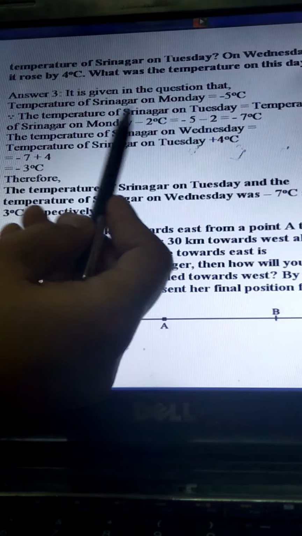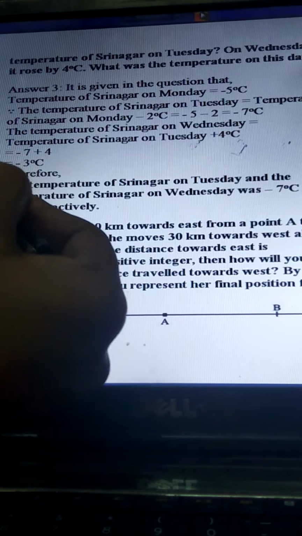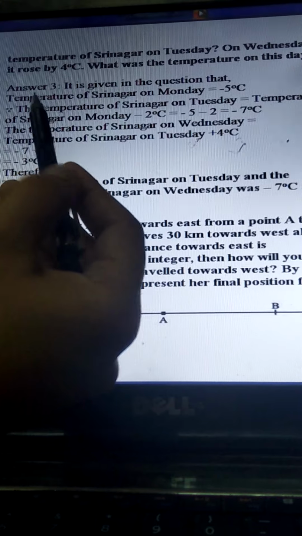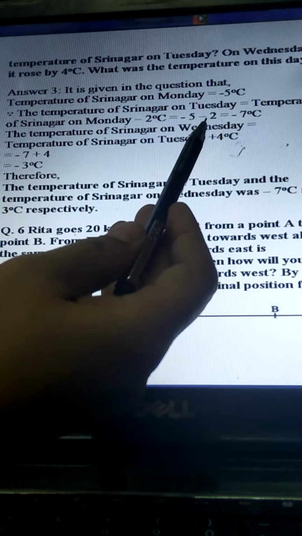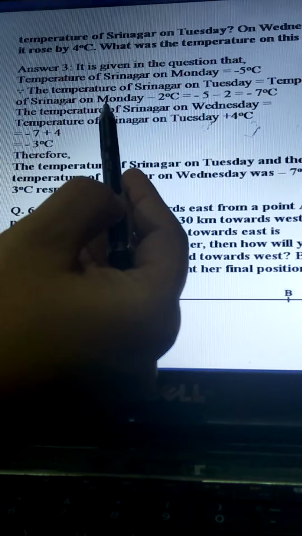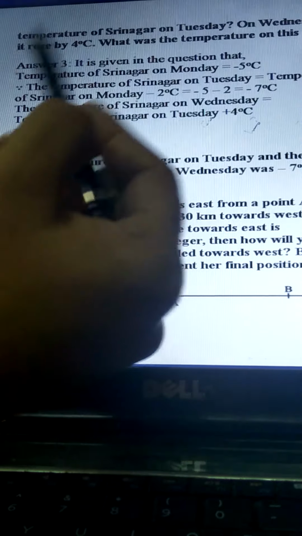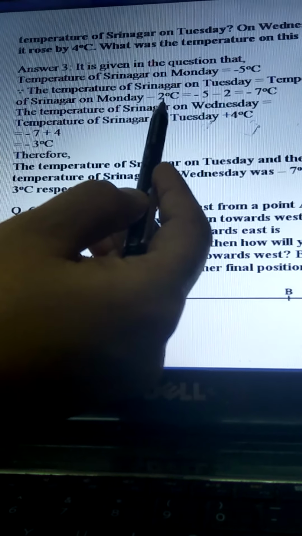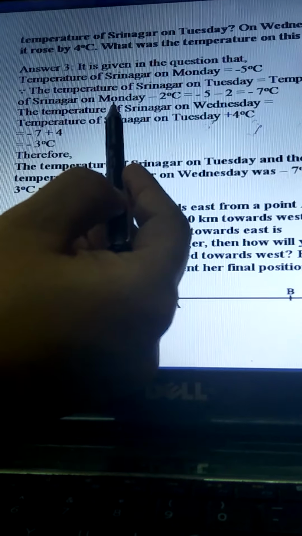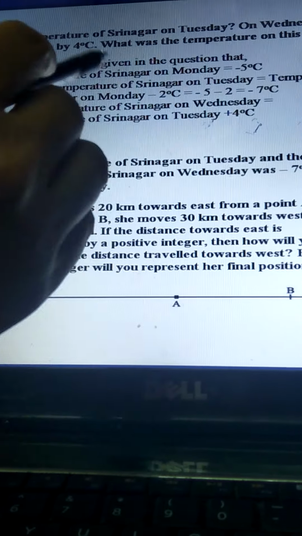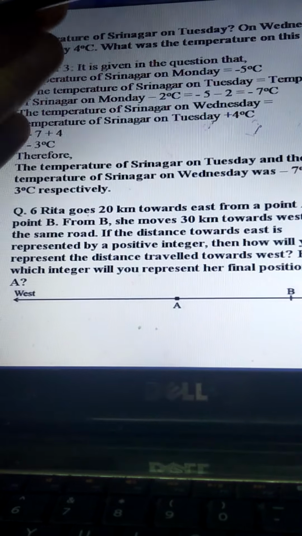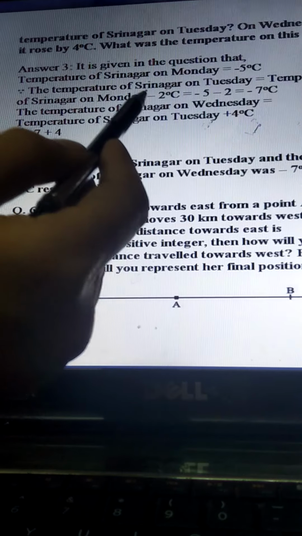Given is that the temperature of Srinagar on Monday is minus 5 degrees Celsius. So the temperature of Srinagar on Tuesday will be the temperature of Srinagar on Monday minus 2 degrees Celsius, because we will be subtracting 2 degrees from the temperature of Monday, because the temperature dropped. Dropped means the temperature has gone down, so we will be subtracting.